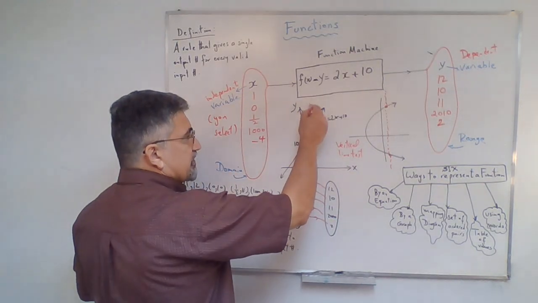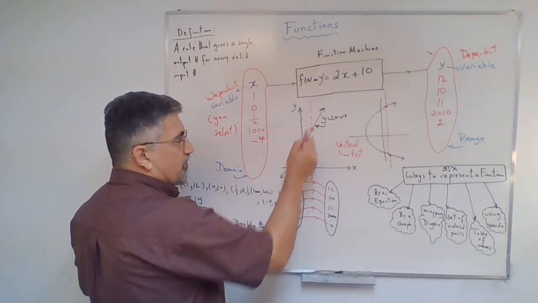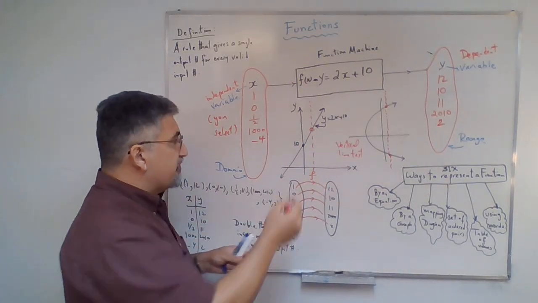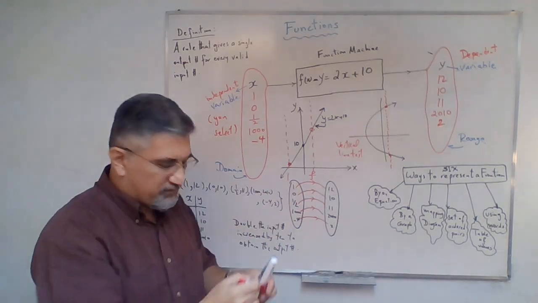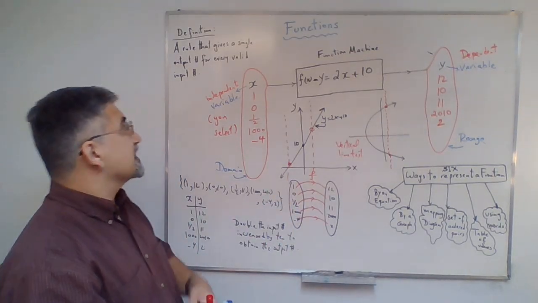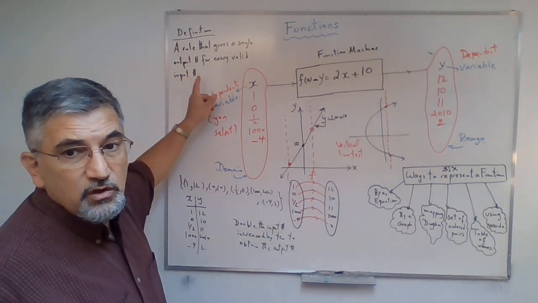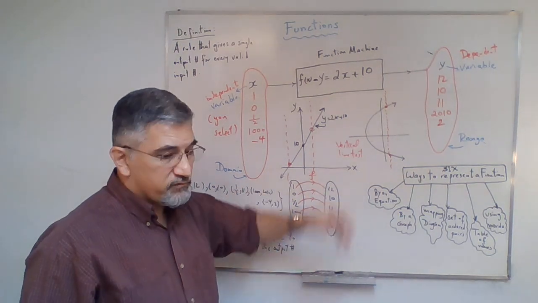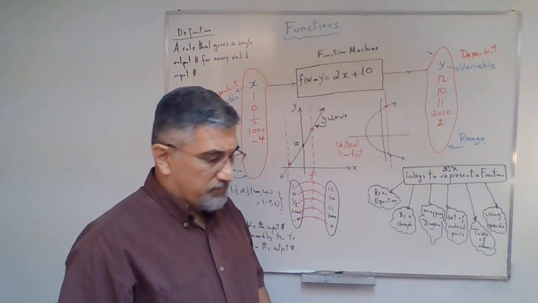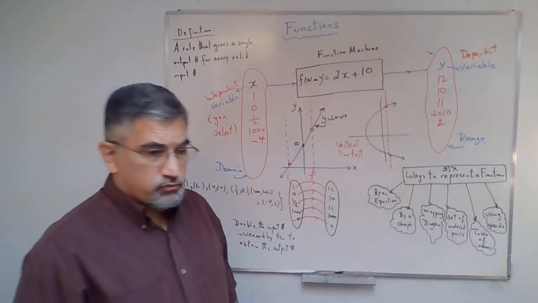So here, this line is actually a function, because wherever you draw the vertical line, it is going to intersect the graph at only one single point, which means that we have a single output number for any valid input number that you select. Okay, so the vertical line test, just wanted to mention that.